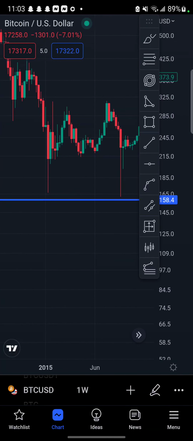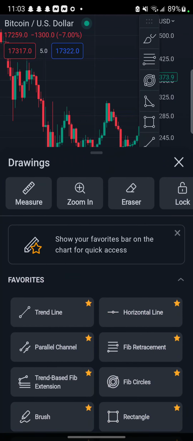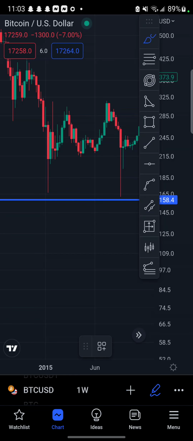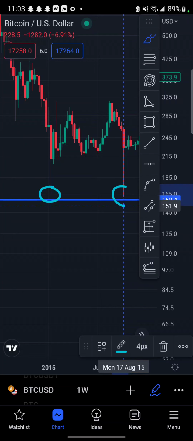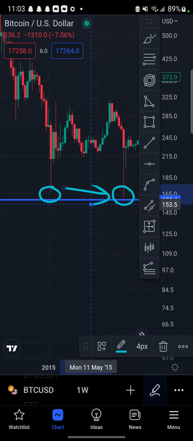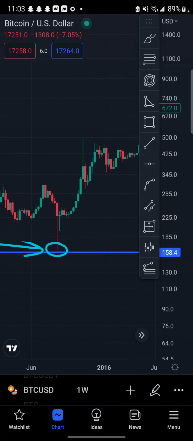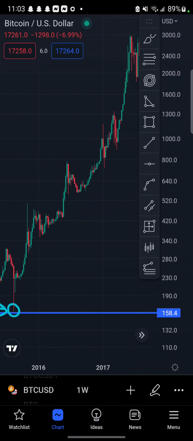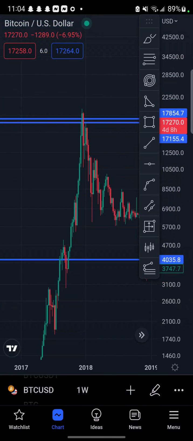Oh, and real quick, that's why sometimes longer videos are not necessarily that bad. It's right here. Bam. Bam. We had a lower low. But guess what? We went from $158 all the way up to $20,000.